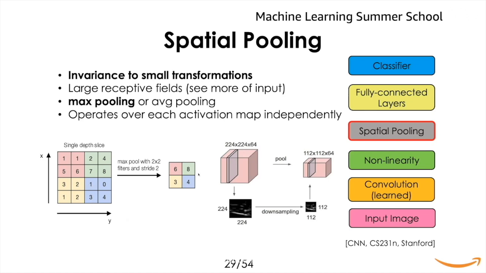Right, so this is your output. So you can see that max pooling reduces the dimension of the output. If you have an image block of 224 × 224 with 64 channels, pooling will reduce dimension to 112 × 112 × 64.